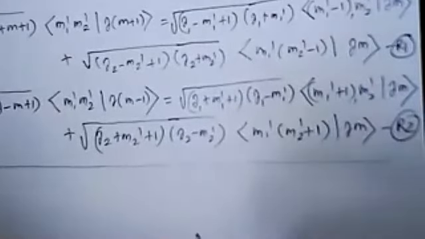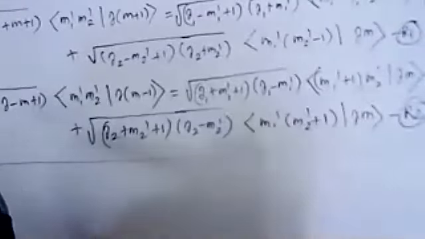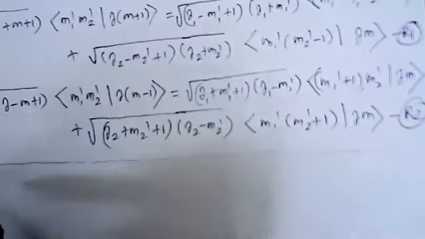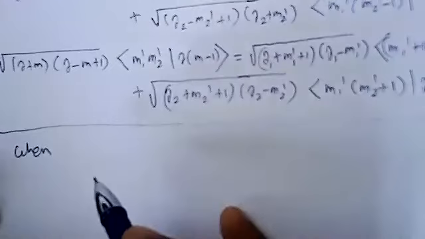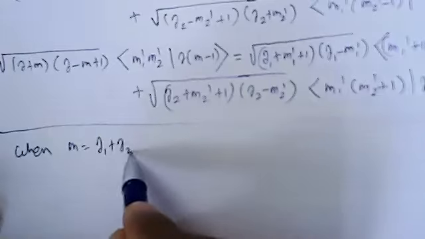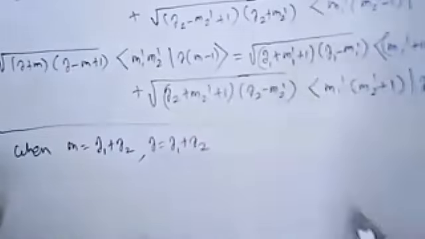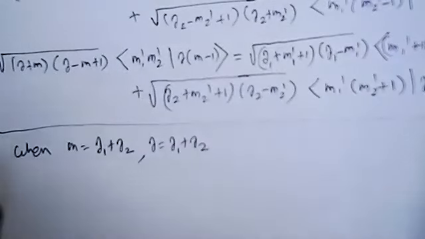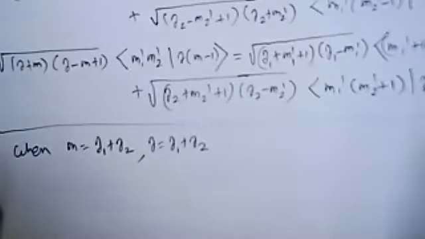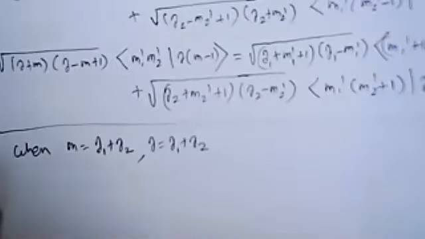So consider the addition of two angular momenta. I told you about the stretched state, which is when M equals J1 plus J2, and J equals J1 plus J2. For this stretched state, we chose the Clebsch-Gordan coefficient as real as well as unity, which is known as the choice of phase.